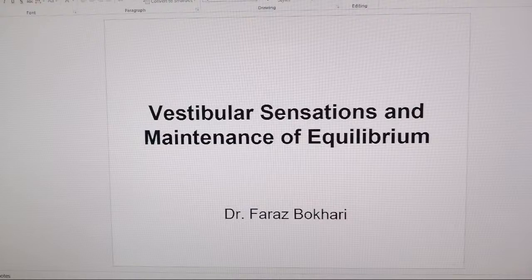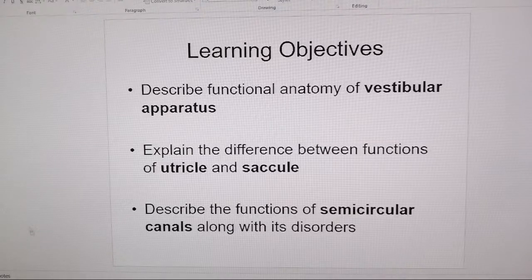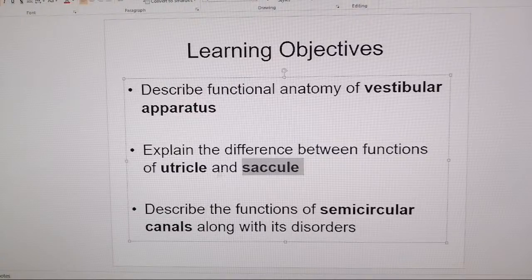The learning objectives: we will look at the anatomy of the vestibular apparatus, then at what the utricle and saccule are, and then we will describe the functions of the semicircular canals. So these are basically three things. The vestibular apparatus comprises the utricle and saccule, and the semicircular canals.